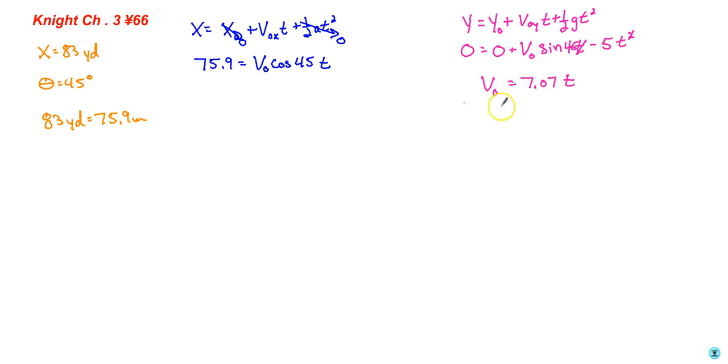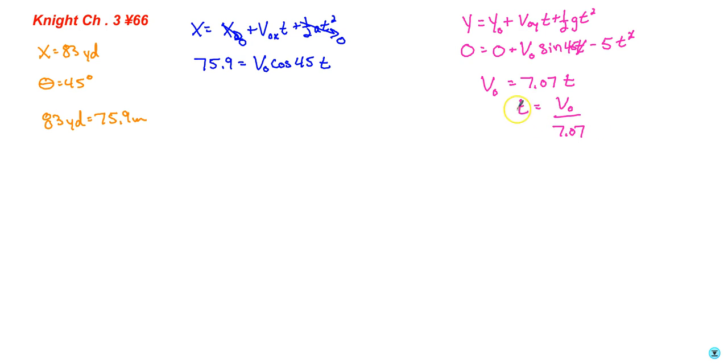But I want to find V sub O. So at this point, essentially, we're looking to substitute one of these equations into the other. The way I did it was I took this equation right here and solved for t, and t is equal to V sub O divided by 7.07.